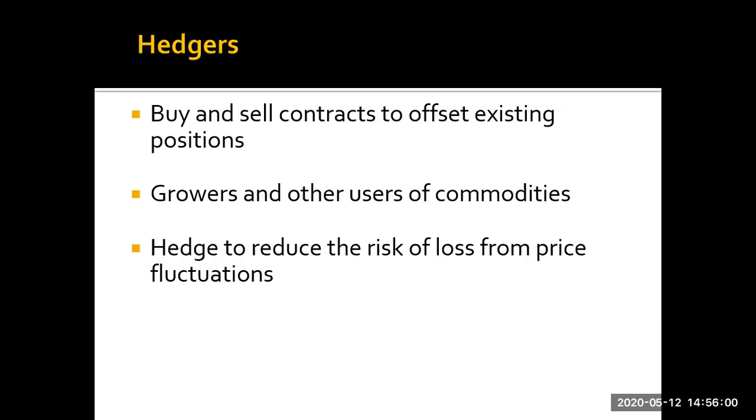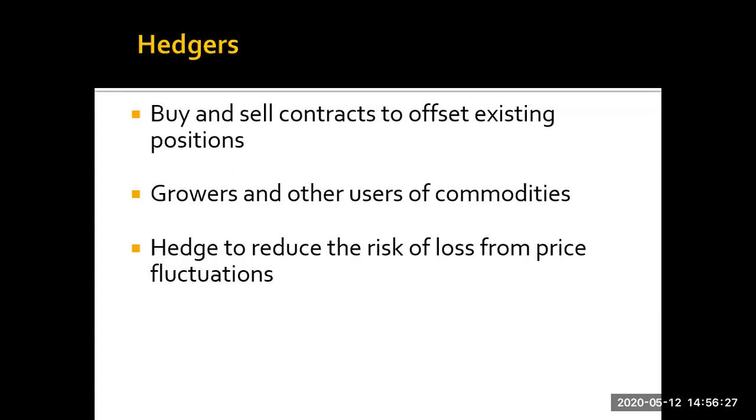Well, what you might do is take on a position where you sell corn at $5 a bushel 1 year from now. That way you've locked in a price of $5 per bushel. Now, if the price of corn goes down to $4, hey, you have a contract in place and you could sell your corn for $5 a bushel. That's great. And that's what hedging is.